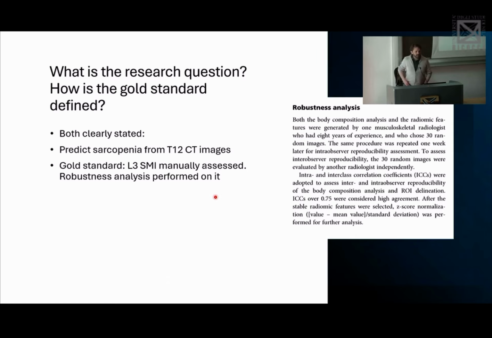More interesting is what is the research question and how is the gold standard defined? Now, the research question is to be able to predict the presence of sarcopenia from T12 CT images, T12 being the thorax vertebra.